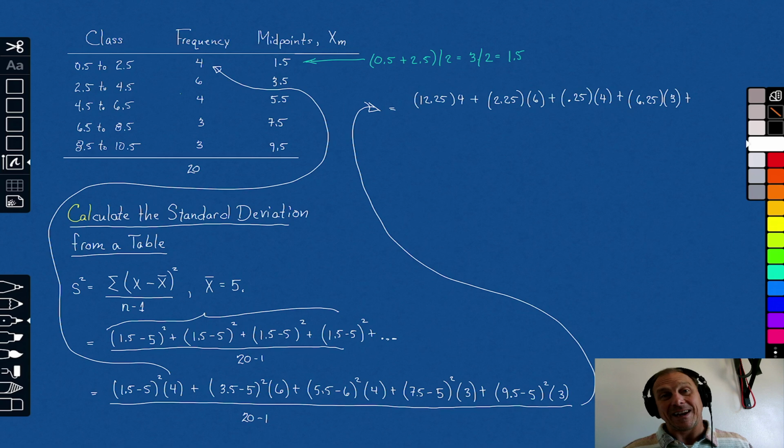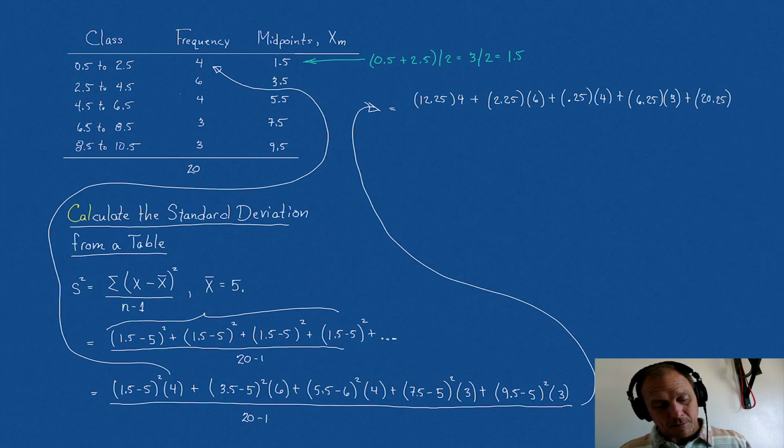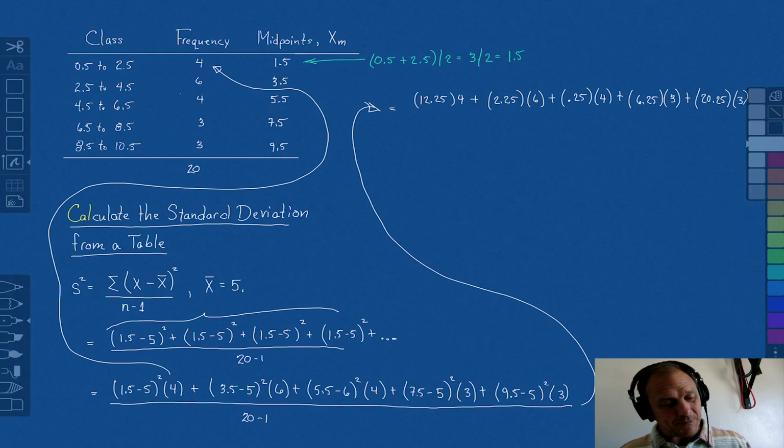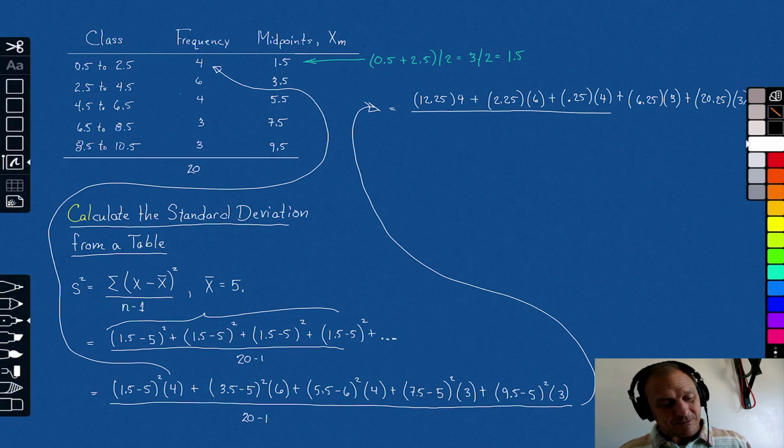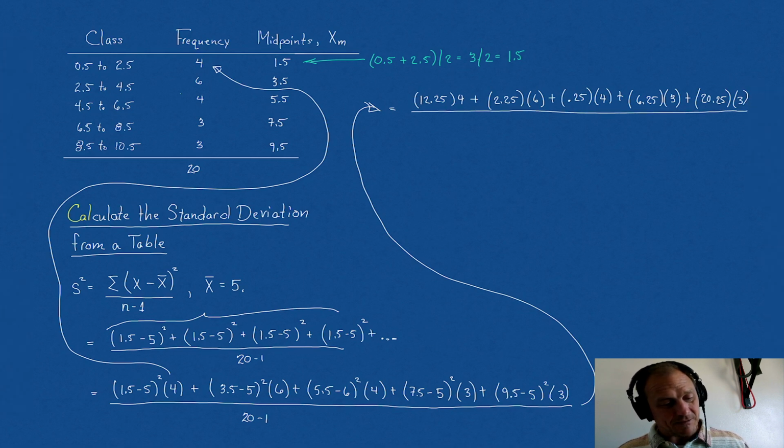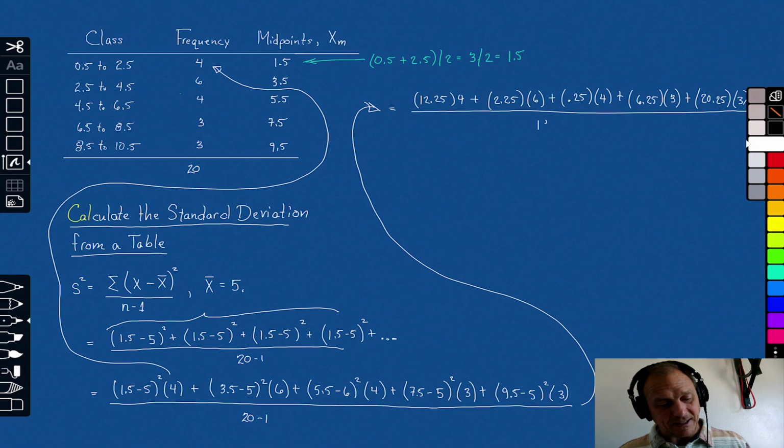The last one is 9.5, subtract 5, that's 4.5. Square it, that's 20.25. Multiply it by 3. Divide all that by 19.